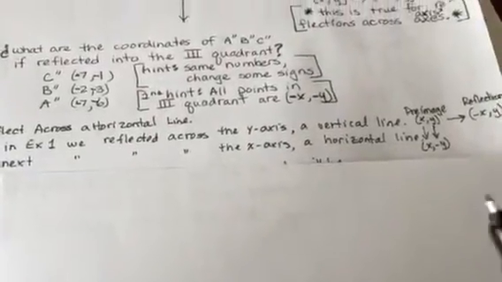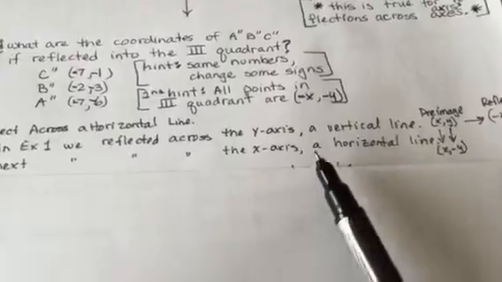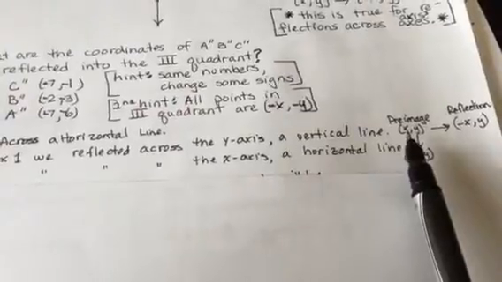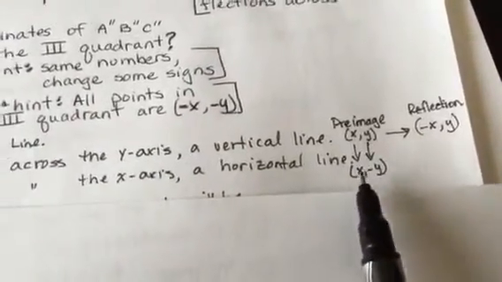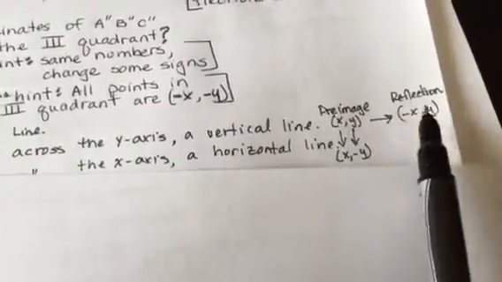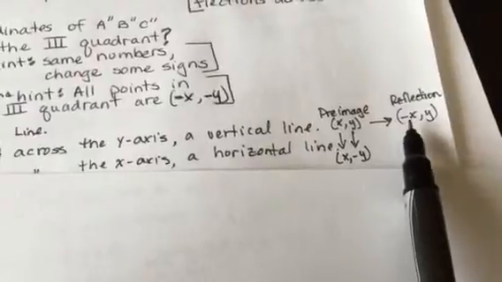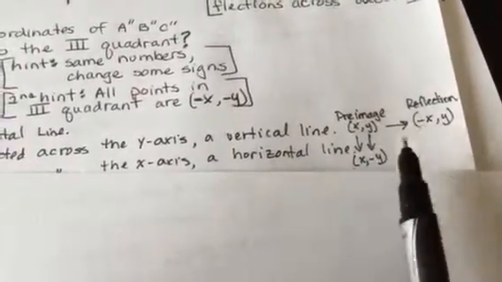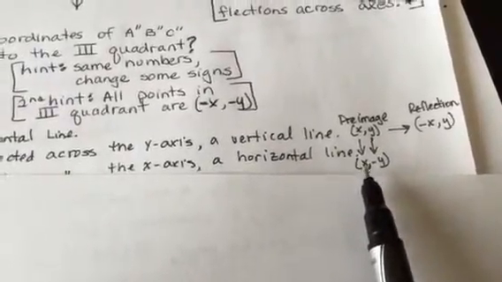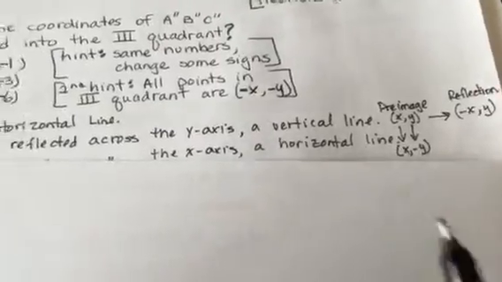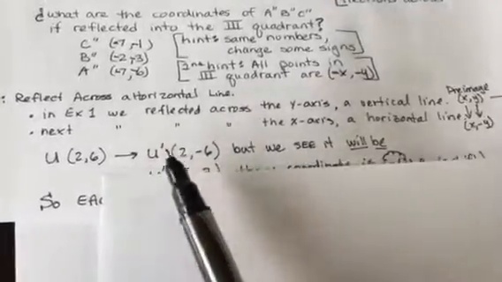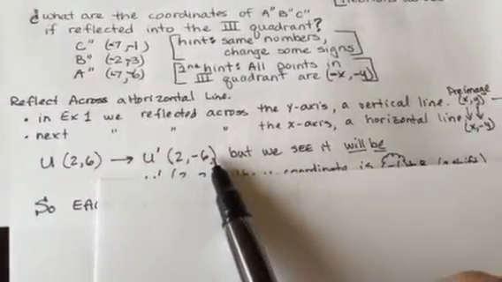Then on the second example, when you went to A double prime, B double prime, C double prime, we reflected upon the x-axis, which is the horizontal line, which means if the pre-image is (x, y), then our reflected image is (x, -y). Across the horizontal line, x stays and we change the y. So if u is (2, 6), u prime is (2, -6).